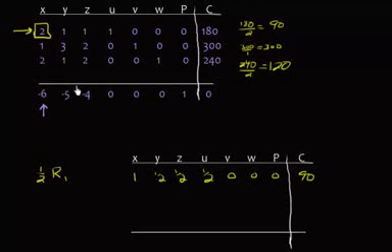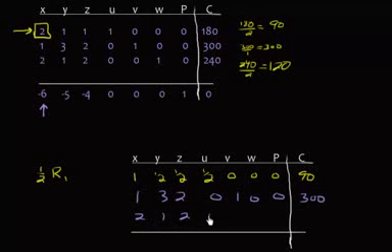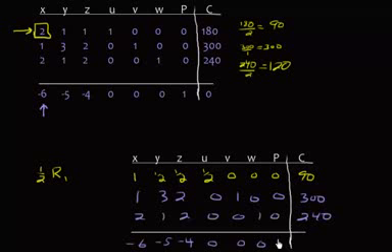Now I'm not changing anything to the second, third, and fourth row, so I'll just write those in there again. Okay, almost done. Alright, so again, this is my pivot element right here.